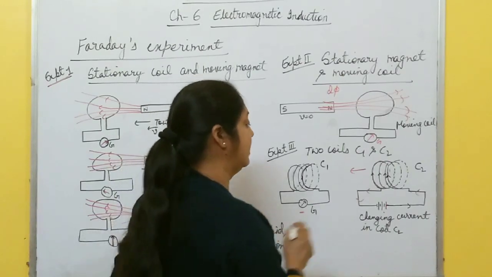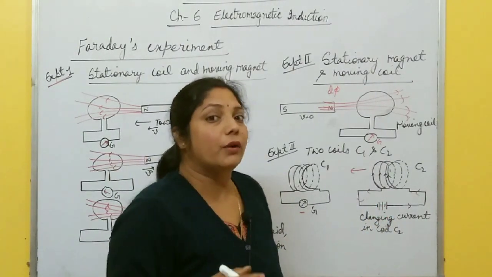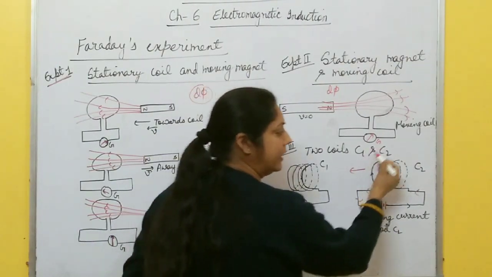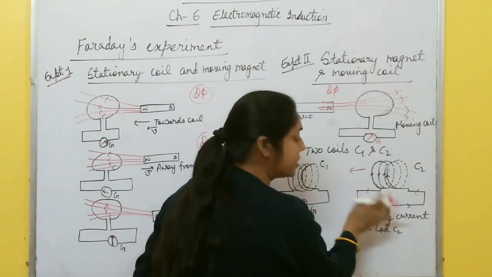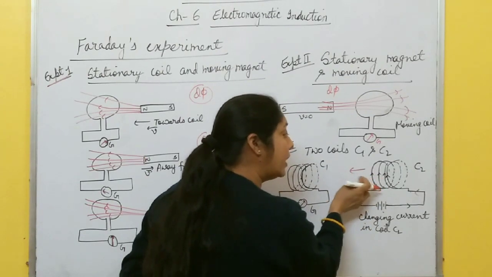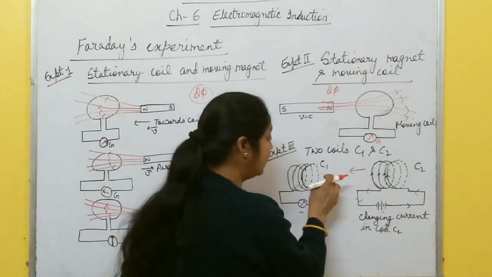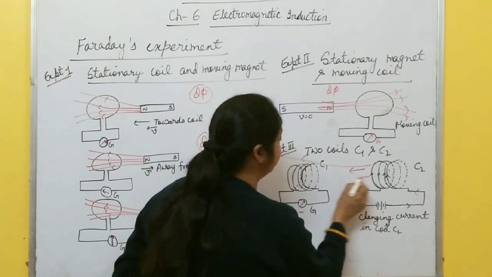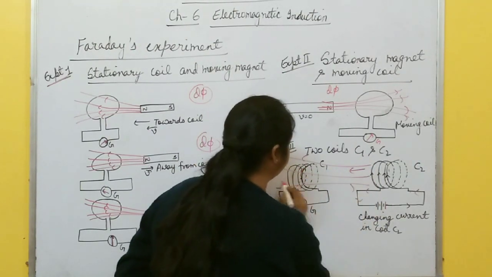Now what happens? You know, a current carrying coil produces a magnetic field around it. So a magnetic field is produced around this coil if constant current flows. But if this coil is moving towards the neighboring coil C1, then those magnetic field lines pass through this coil, right?